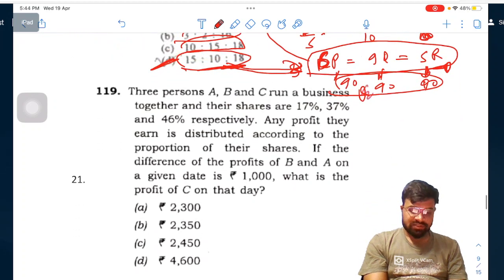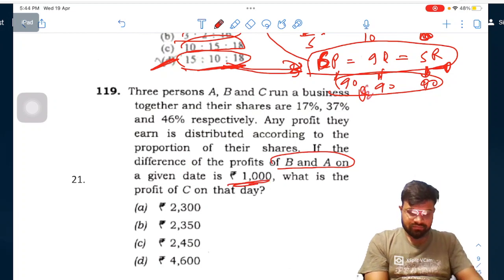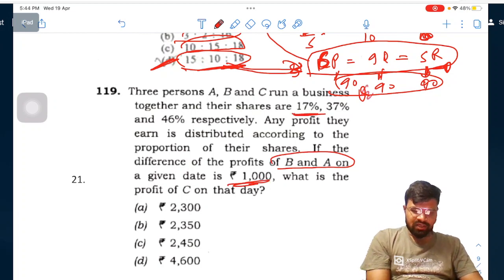Okay, three persons A, B, C run a business together and their shares are 17%, 37%, and 46% respectively. Any profit they earn is distributed in proportion to their shares. If the difference of the profits of B and A is 1000 rupees.